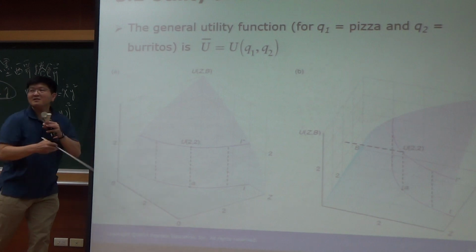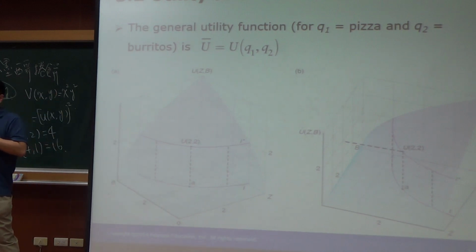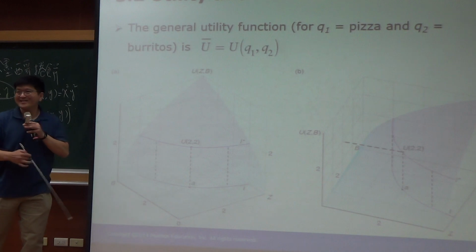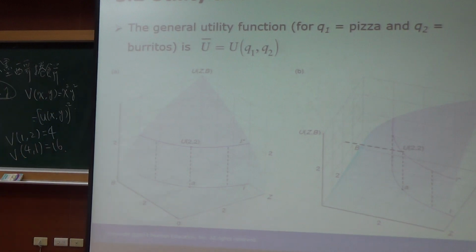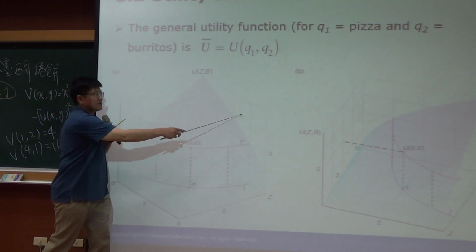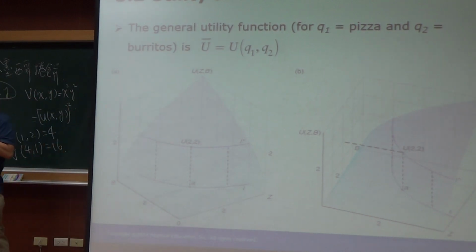So all these points, since their utility level is the same, they are located on the same indifference curve, right? And if I raise the plane to like 3, there is another indifference curve, right? Is that clear?